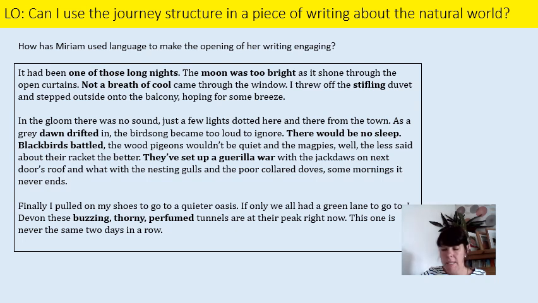Going back to the birds again, you've got a bit of personification beginning to creep in, haven't you? They've set up a guerrilla war, as if the birds had human qualities and were actively at war with each other.